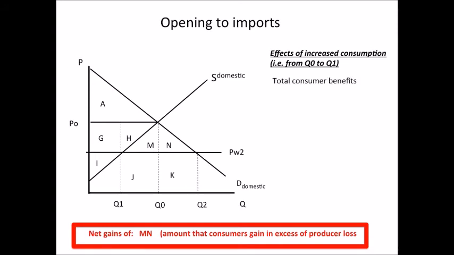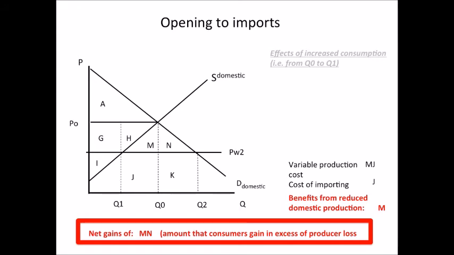The total consumer benefit from that increased consumption is the area under the demand curve, N plus K. Consumers only had to pay K to foreigners. So you have a net benefit to consumers, to new consumers, of N. That's the consumers that are priced into the market because of the lower price.